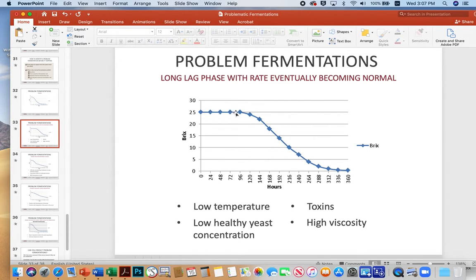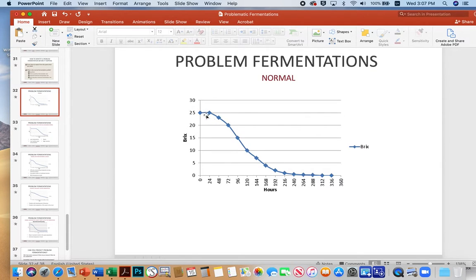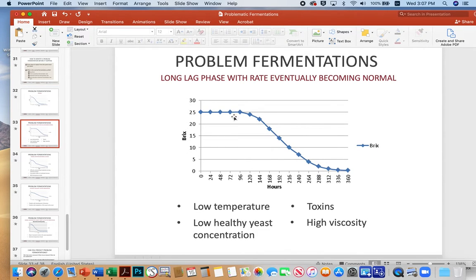You can see the long lag phase here, and then of course you can compare that to what's normal for your particular yeast. So this long lag could be the function of, again, a low temperature. But a low temperature is something that the yeast can recover from. It's far different than, say, if the temperature is too hot and you heat shock the yeast. That's a different story, because you can rejuvenate these guys if it's just a low temperature issue.